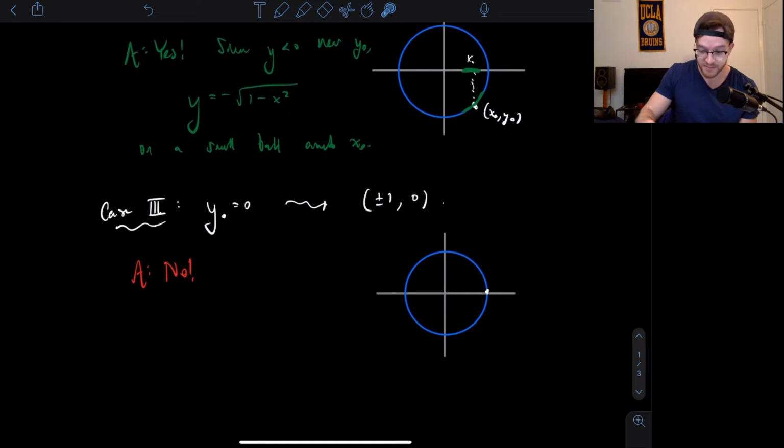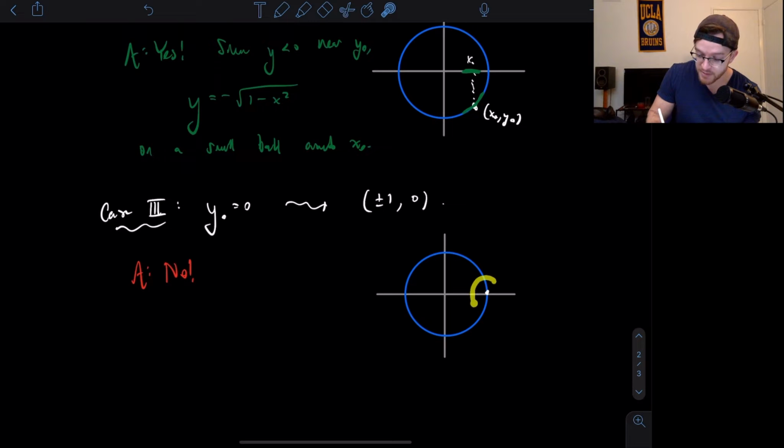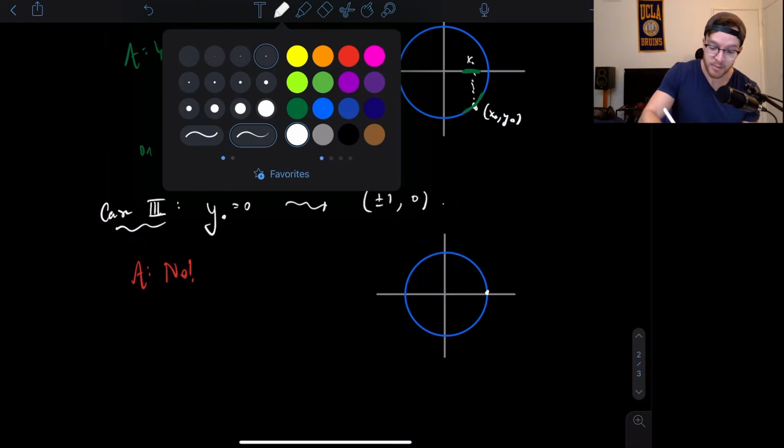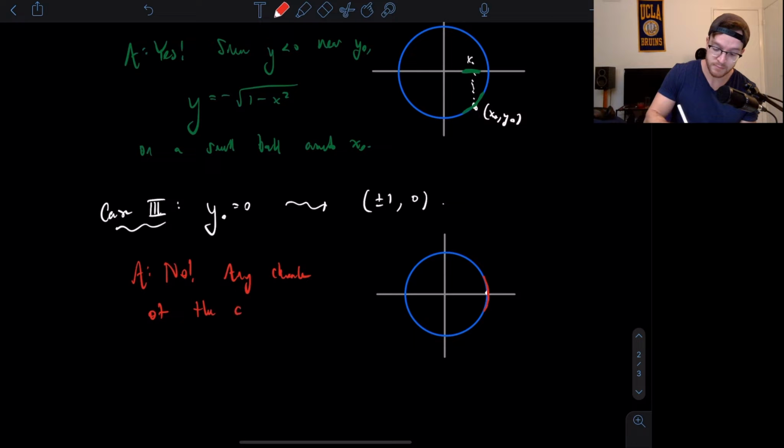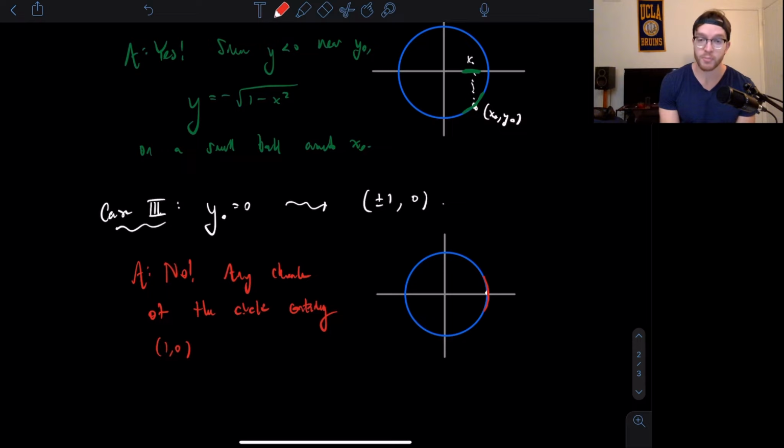In this case, if I look at any neighborhood of my point that contains this point, it's going to fail the vertical line test, right? So any chunk of the curve containing the point 1, 0.